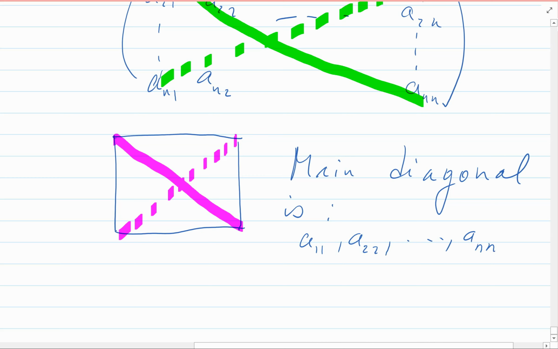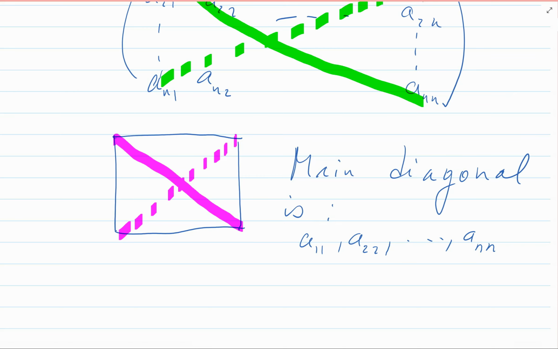It's very, very important because the main diagonal plays a major role in the study of matrices. So keep in mind, we're looking at the numbers A11, A22, Ann. In other words, we're looking at when the indices are both the same.